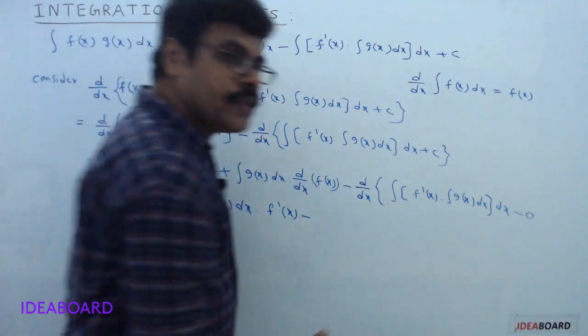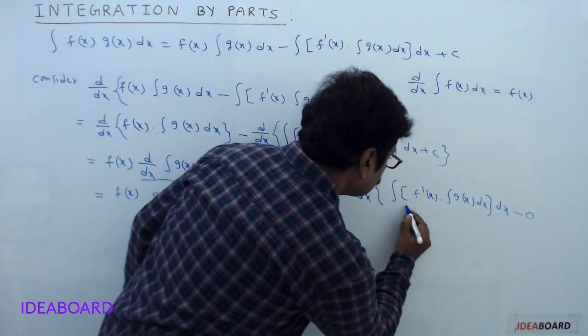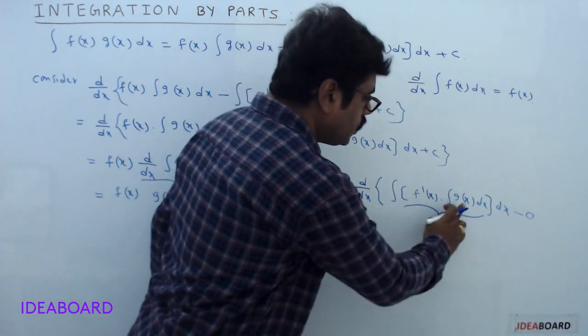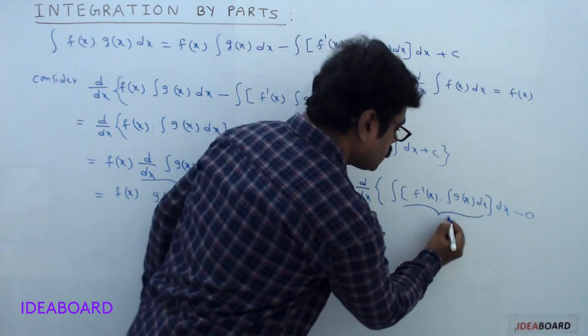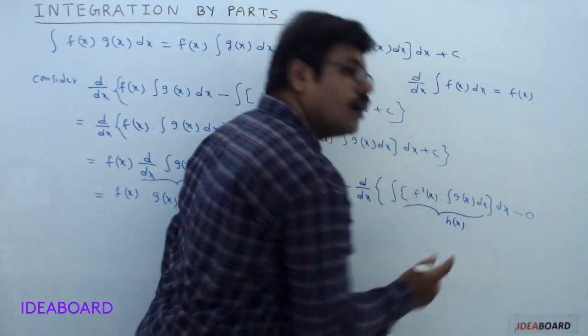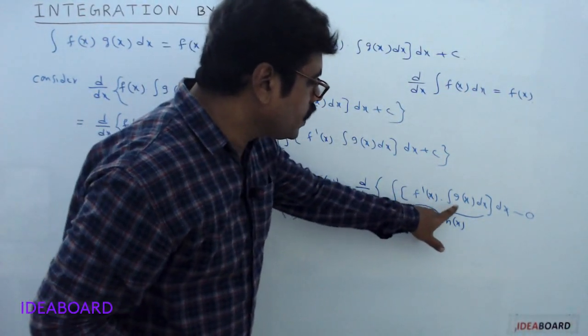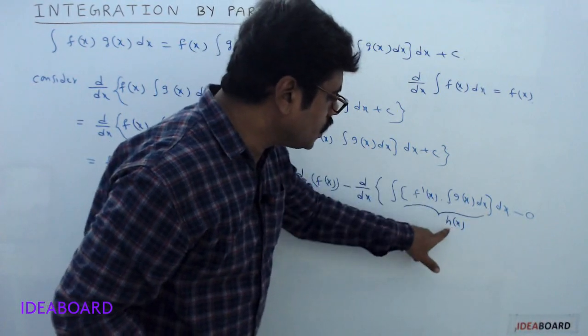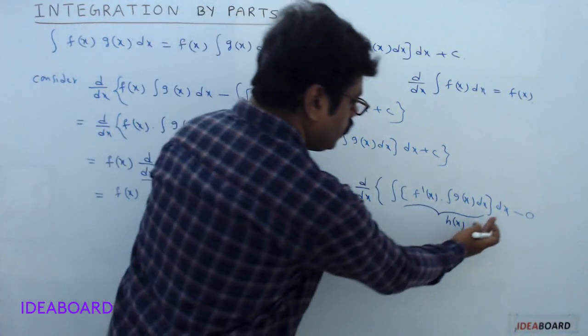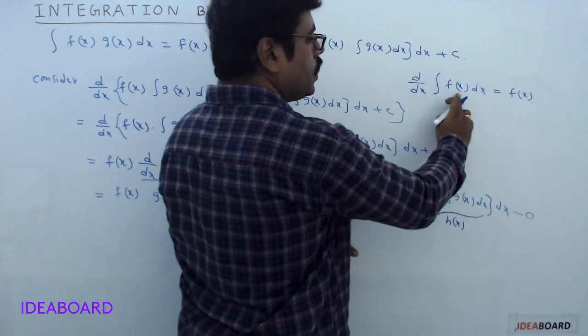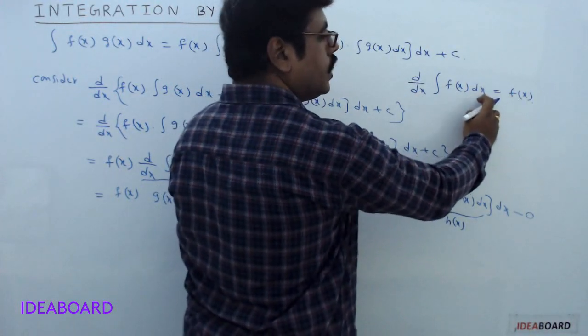now see here, consider f dash of x into integral g of x dx as h of x. If you consider f dash of x into integral g of x dx as h of x, then this term is of the form derivative of integral f of x dx.